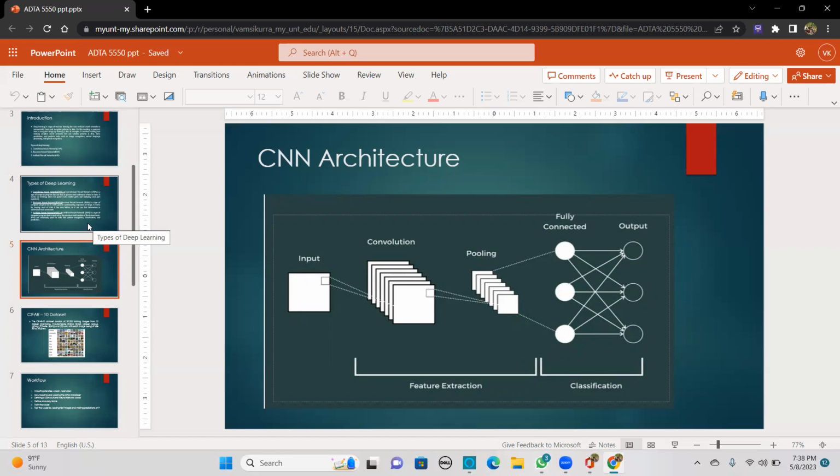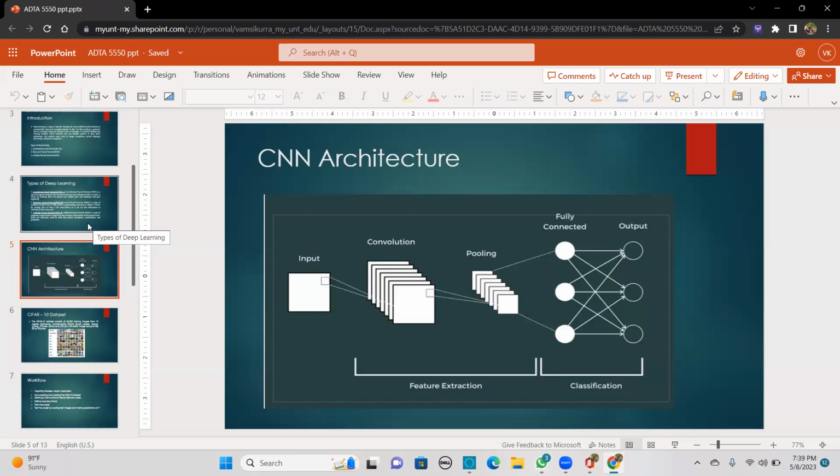In this architecture, the convolutional layer, the first layer of a CNN, is usually a convolutional layer. Convolution is a mathematical operation that is performed on an input image and a small matrix of weights called a filter or kernel.